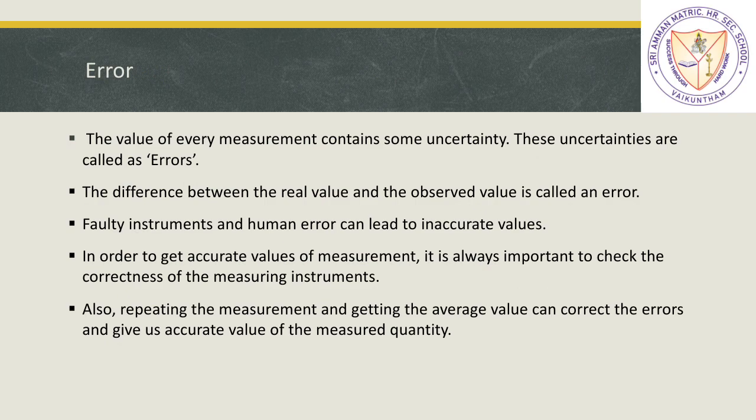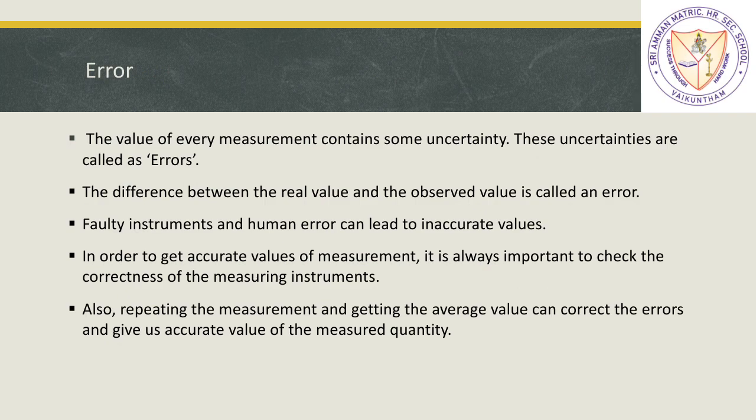And then another thing is faulty instruments, which also will give us errors or inaccurate values. In order to get accurate values of measurement, it is always important to check the correctness of the measuring instruments.